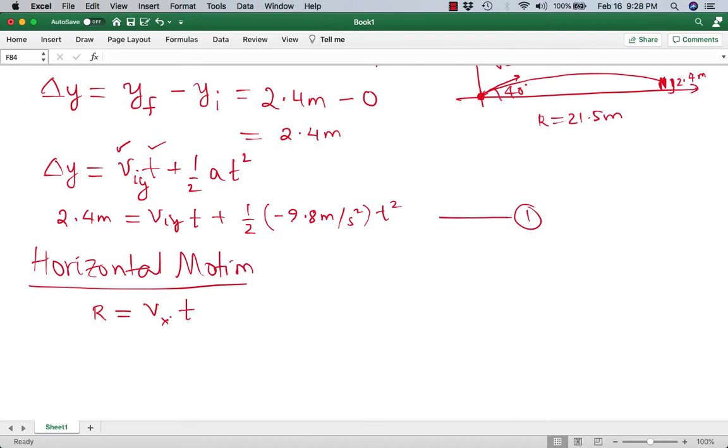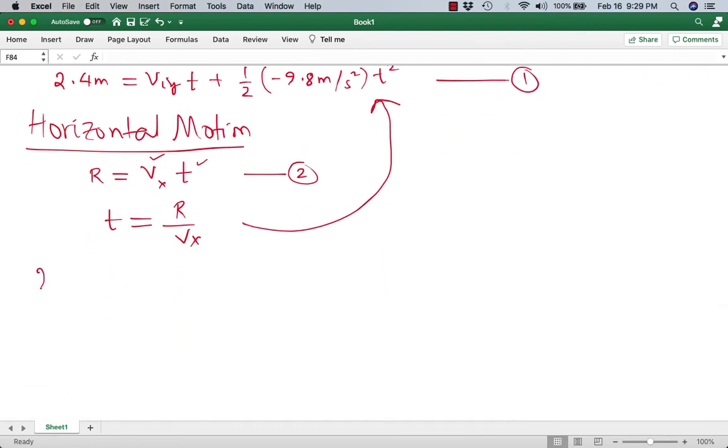We don't know Vx, we don't know t. But we have two equations, so we can somehow eliminate t. Let's write this equation in terms of t. t is equal to R over Vx, and let's substitute this expression in equation 1.